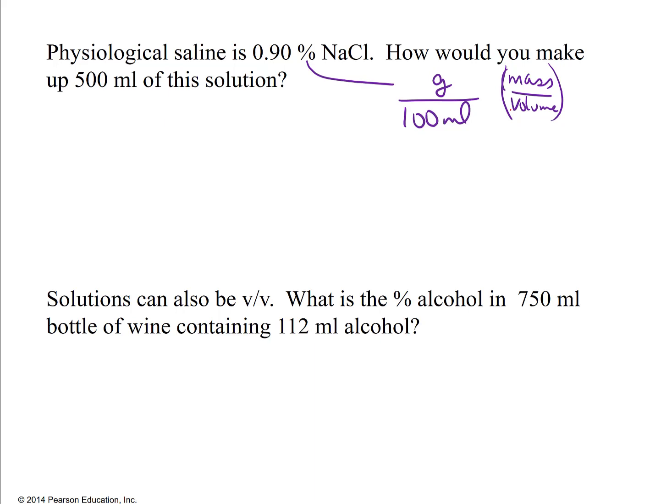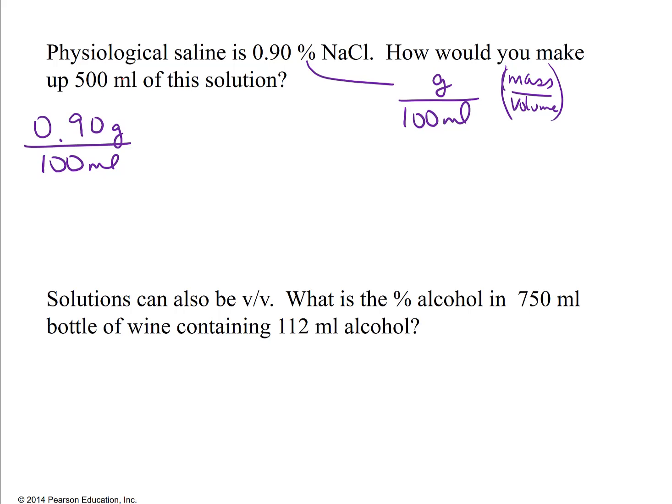Whenever you think in terms of percent, it's always how much out of 100. So 0.9% means 0.90 grams per 100 milliliters. So just like with molar, just convert the percent into what the number is, what that symbol means, and then you've got this to be able to use.